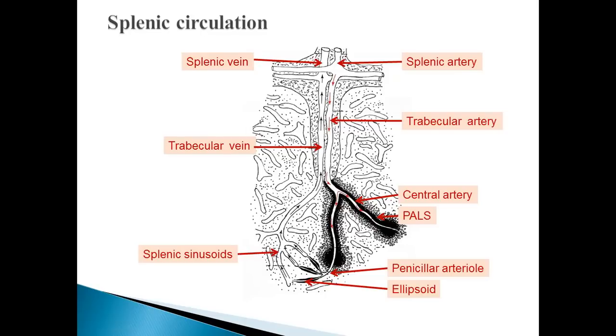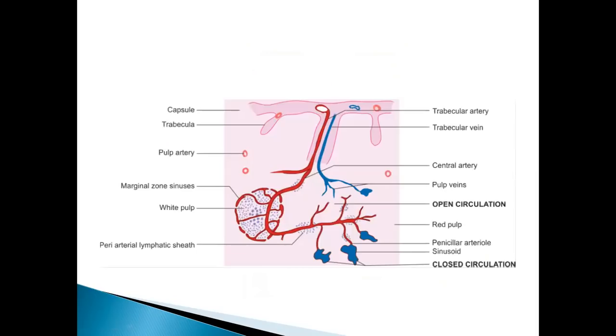According to both theories, how does the blood exchange between the capillaries and sinuses take place? Again, here you can see the artery passing through trabeculae, known as the trabecular artery. Then you have the central artery running through the white pulp, then penicillar arteries. In closed circulation, it will open into sinuses, and in open circulation, it will pour into the red pulp and then into sinuses, and veins will take the blood out.